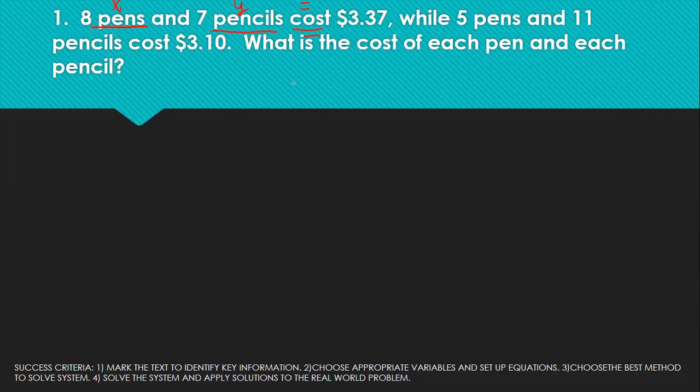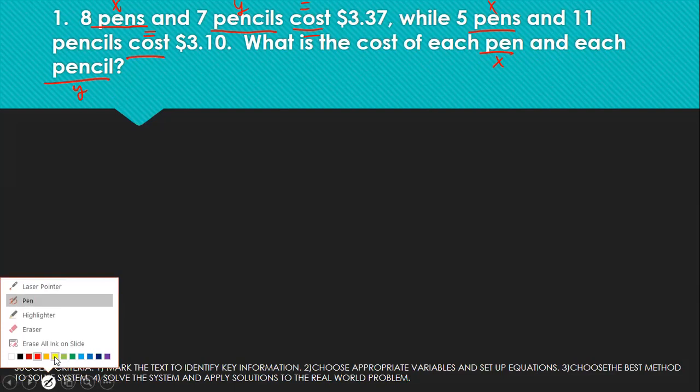So it's following that same thing again, while 5 pens, another unknown, and 11 pencils cost. A cost means again an equal. What is the cost of each pen and each pencil? So we're looking for our X and we're looking for our Y. Okay, that's what it means to go through and mark your text.